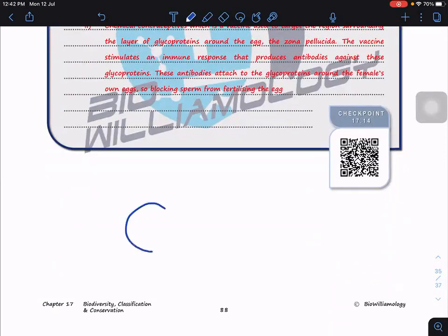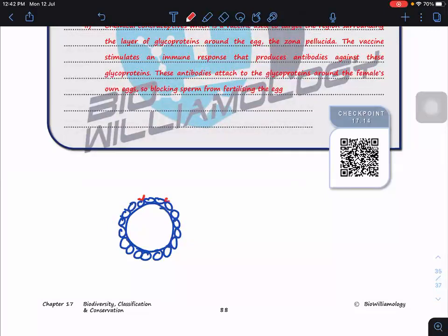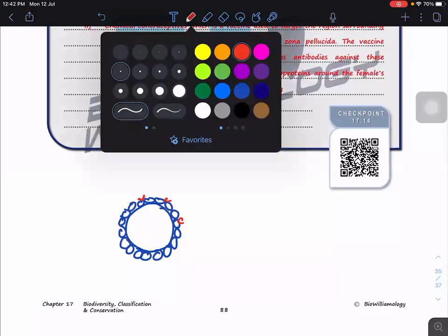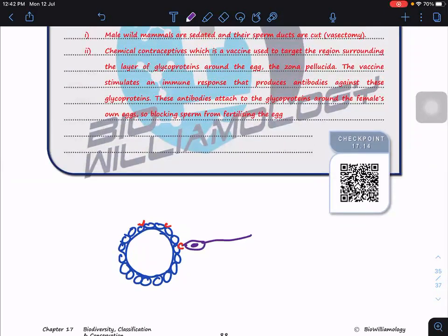When you look at this, the ovum is surrounded by a layer called the zona pellucida. At this zona pellucida, there is a receptor called the sperm receptor, which allows the sperm to bind and then fertilize the egg. What we do here is create a vaccine so that the immune system of the mammal produces antibodies that bind to this receptor.